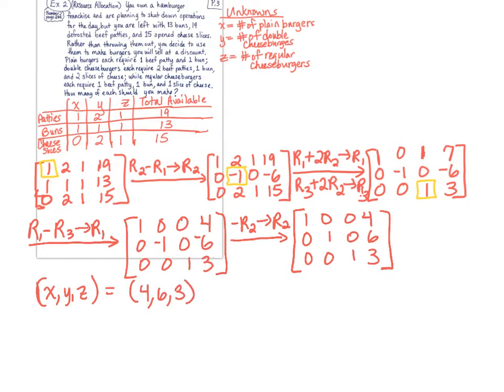Very good. So you need how many plain burgers? 4 plain burgers, 6 double cheeseburgers, and 3 regular cheeseburgers.